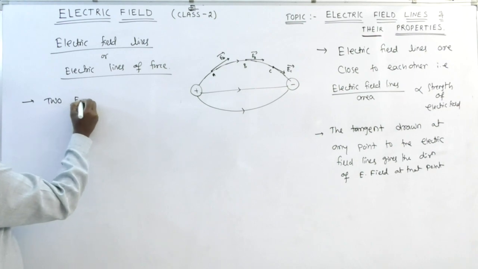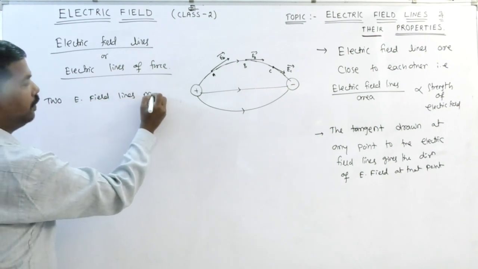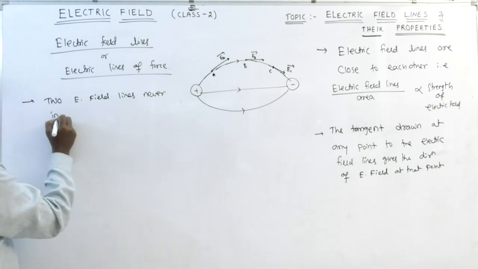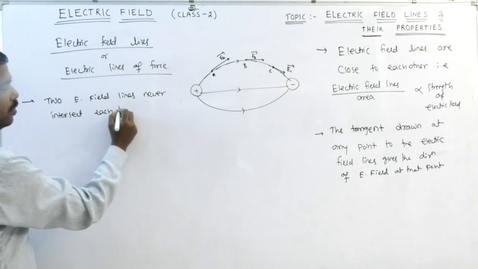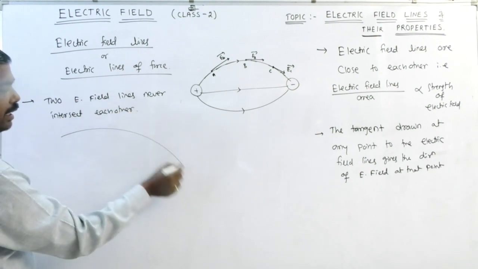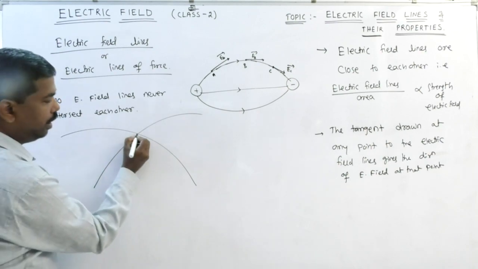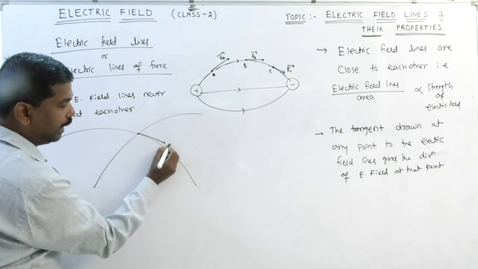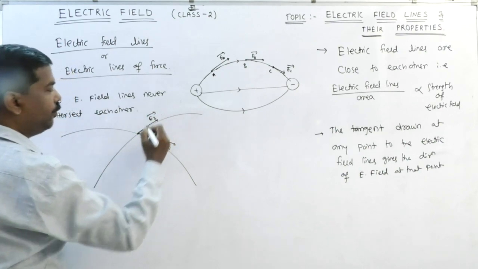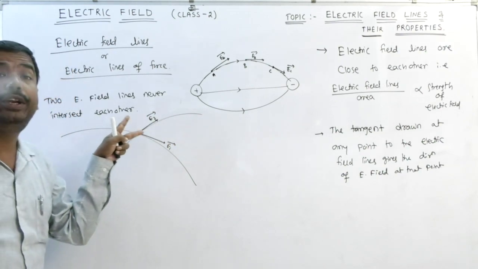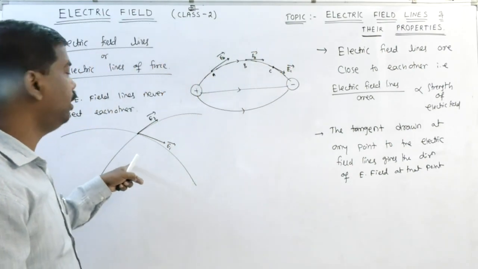Very, very important. Two electric field lines never intersect each other. Let us imagine this is an electric field line and this is another electric field line. At a common point, I can draw a tangent to each, indicating two electric fields, which is impossible.